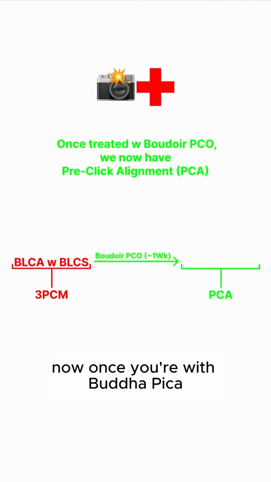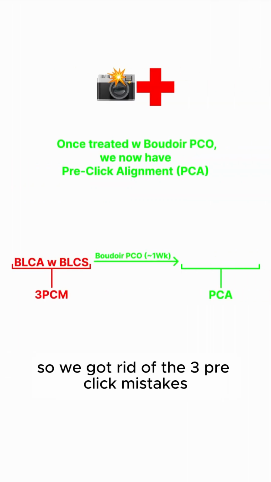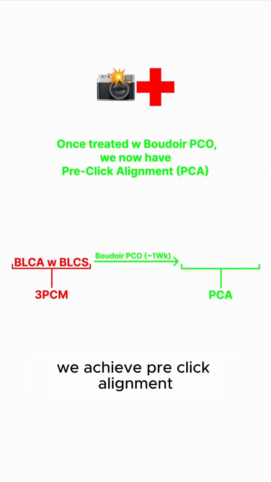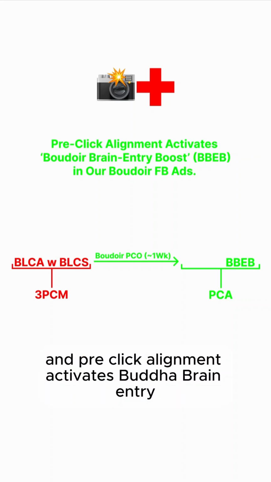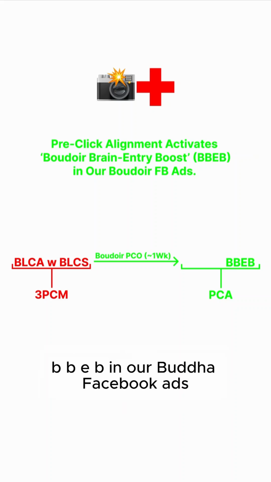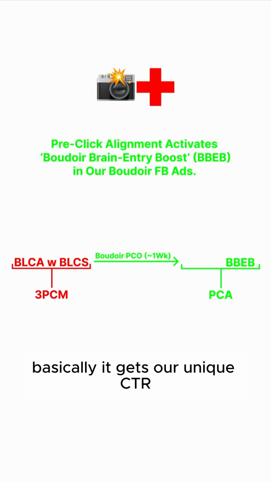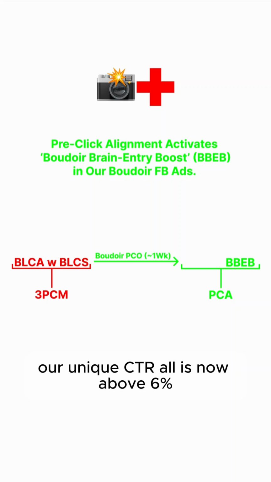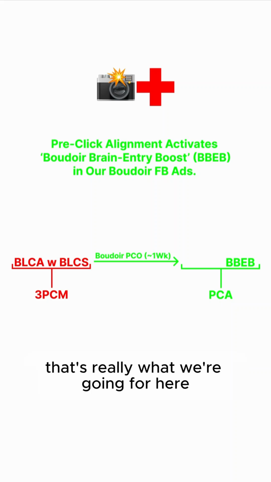Now, once treated with boudoir Pico, we now have pre-click alignment. So we got rid of the 3 pre-click mistakes. We achieve pre-click alignment, and pre-click alignment activates boudoir brain entry boost, BBEB, in our boudoir Facebook ads. Basically, our unique CTR is now above 6%. That's really what we're going for here.